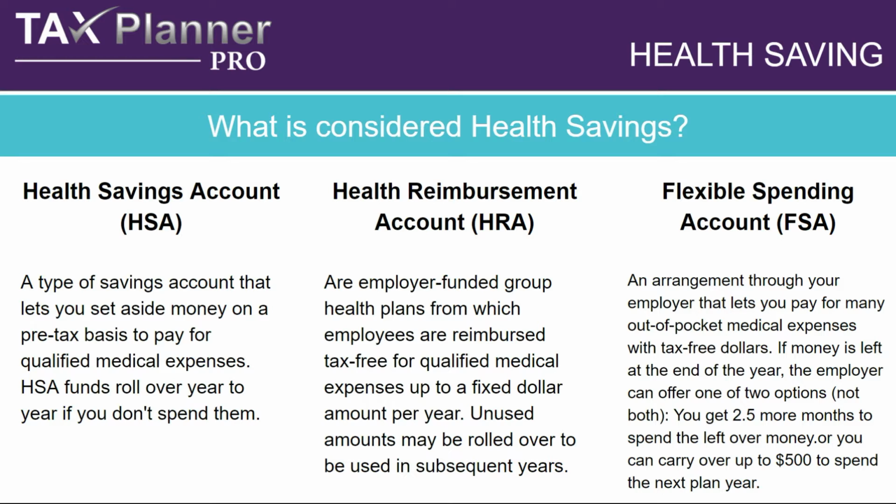So there are three different options, and I'll be honest, I think there's quite a bit of overlap in these different accounts. Probably the world would be a simpler place if we just had one vehicle that was flexible enough to encompass all of these different options and at the same time had limits that made sense.